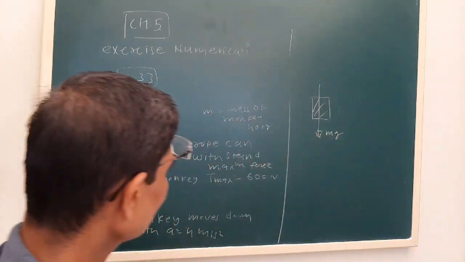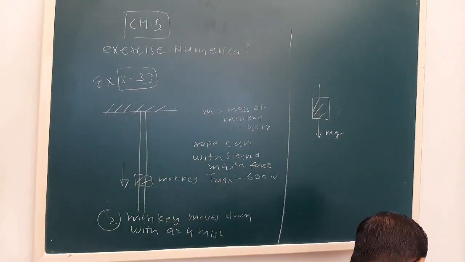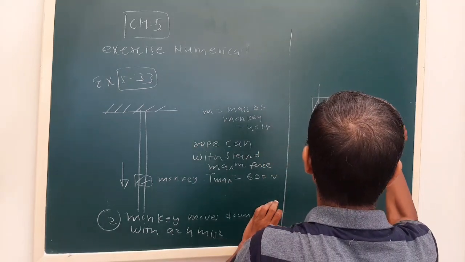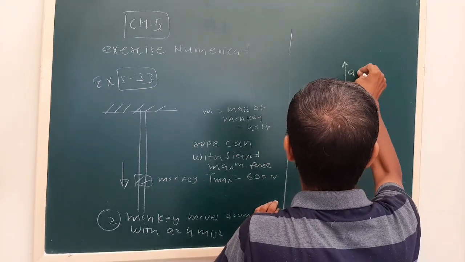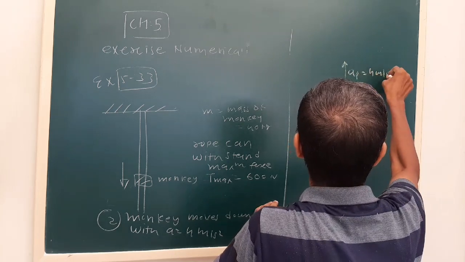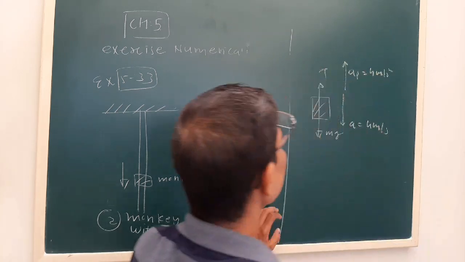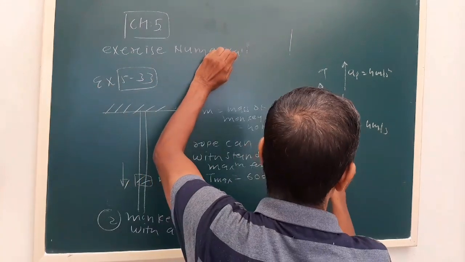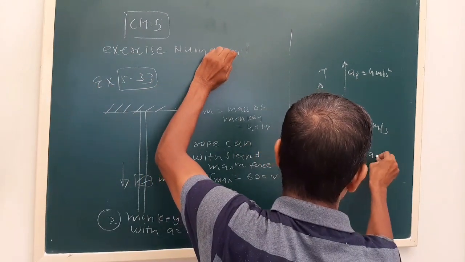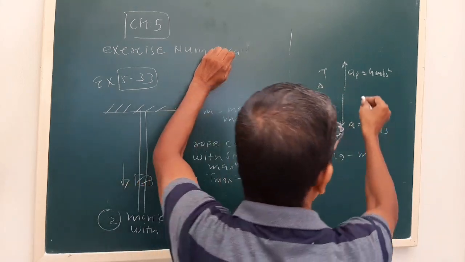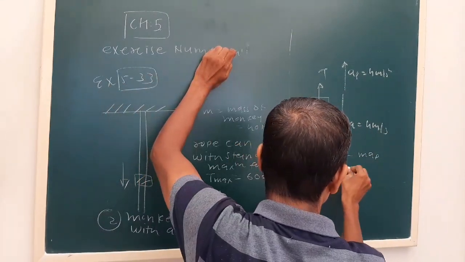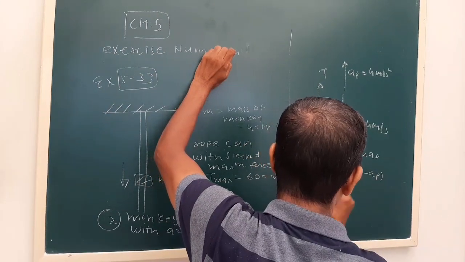Monkey weight is mg, but the pseudo acceleration AP also will be there in the opposite direction. T is the tension. So mg minus m AP will be equal to T. So T is m into g minus AP.